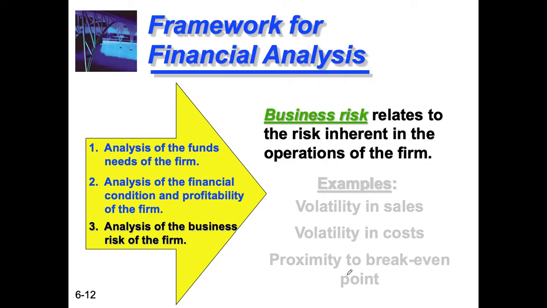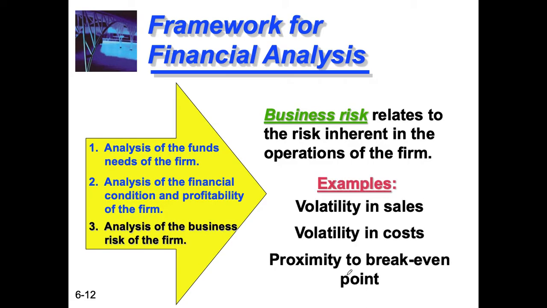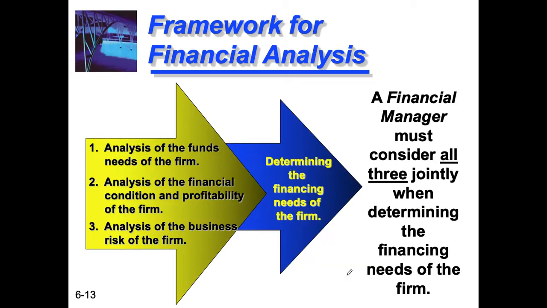And then analysis of the business risk of the firm. Business risk relates to the risk inherent in the operation of the firm. Some examples: volatility in sales, volatility in cost, proximity to break-even point. Now the three here is determining the financing needs of the firm.